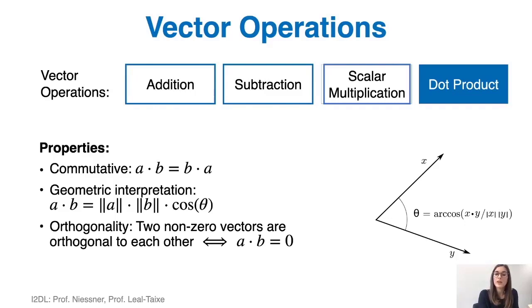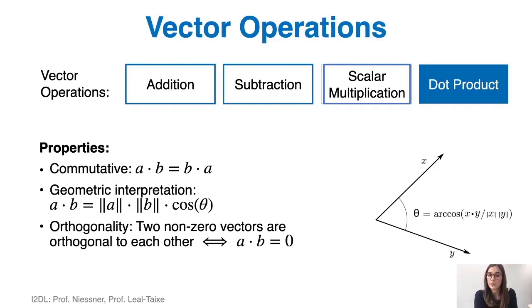And you can have a look at orthogonal vectors. What does it mean to be orthogonal for two vectors? Two vectors are orthogonal if the angle between them is exactly 90 degrees, so we have a right angle like this. And one property in relation to our dot product is that two non-zero vectors are orthogonal to each other if and only if the dot product of these two vectors is equal to 0.